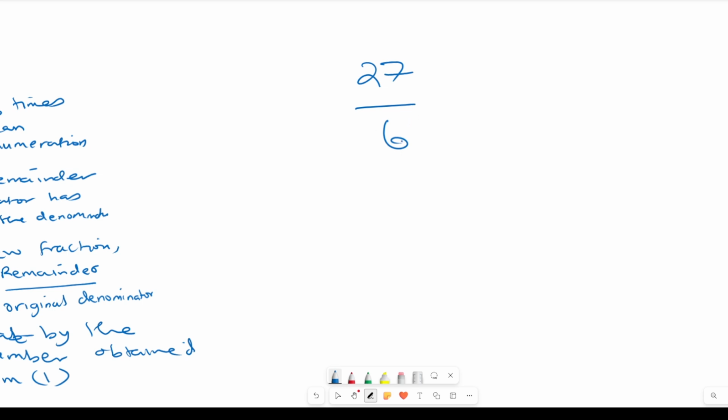So first, I'm going to determine how many times can 6 go into 27 without going over. 6 3s are 18, 6 4s are 24, 6 5s are 30. So I must stop at 4. So 4 whole number. Now 6 goes into that 24. What is the remainder?